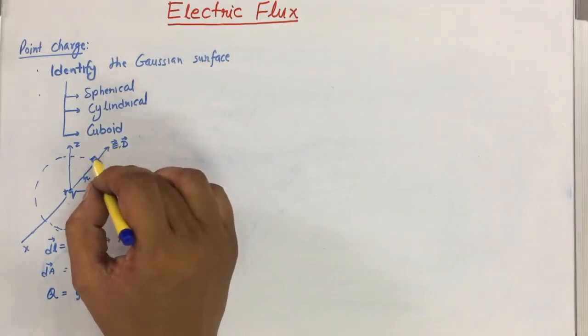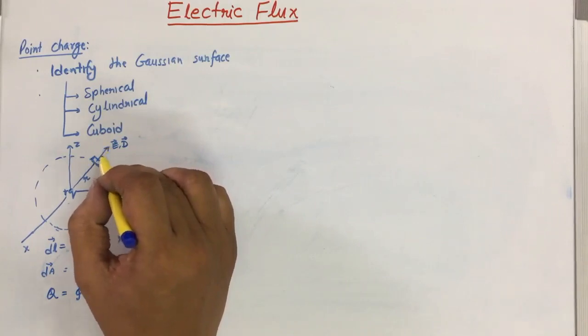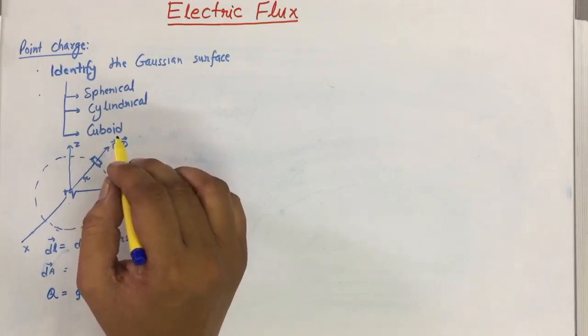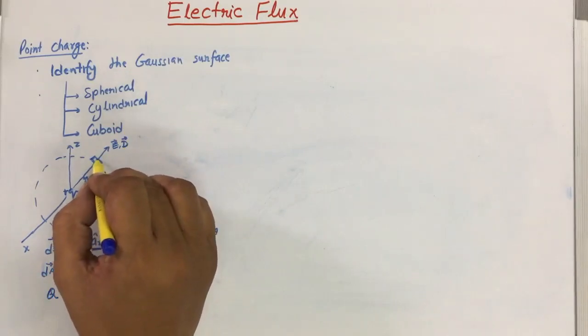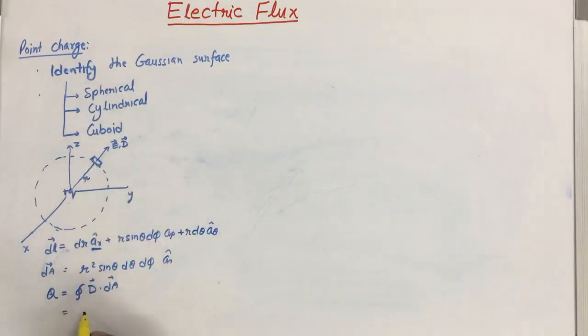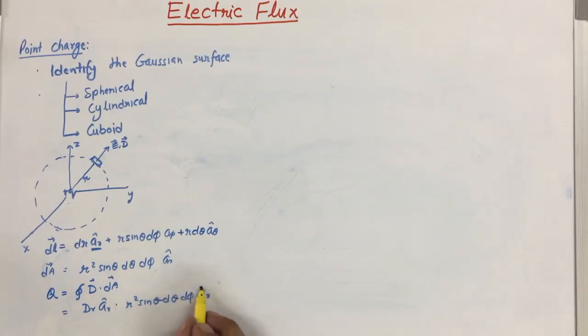So D is in this direction. We know that this should be in the direction of the normal to the surface, so in the direction of area, so D should be in the direction of ar. So from here the ar dot dA is r square sin theta d theta d phi, also in the direction of ar, and we have to apply it for a closed surface.